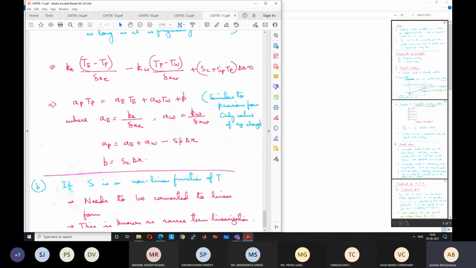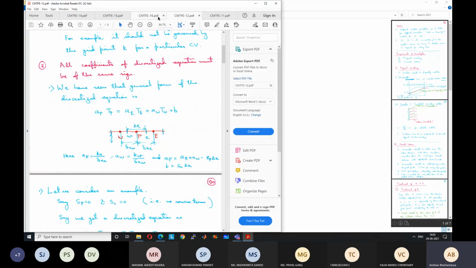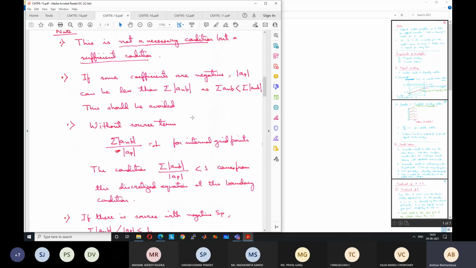If SP is negative, then there is no issue. So if SP is negative, so AE plus AW plus, like, minus of minus something. So AP will be greater than AE plus AW because we are adding a positive term. So if AP is greater than AE plus AW and all of them are positive, this condition will be satisfied, Scarborough criteria.